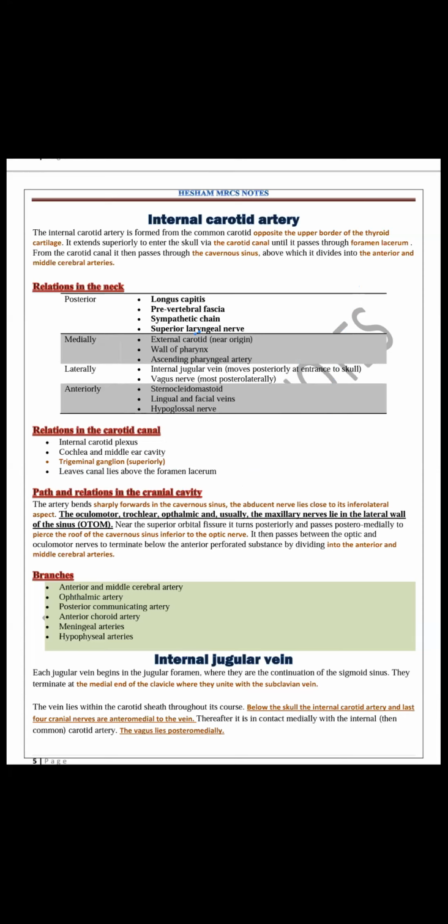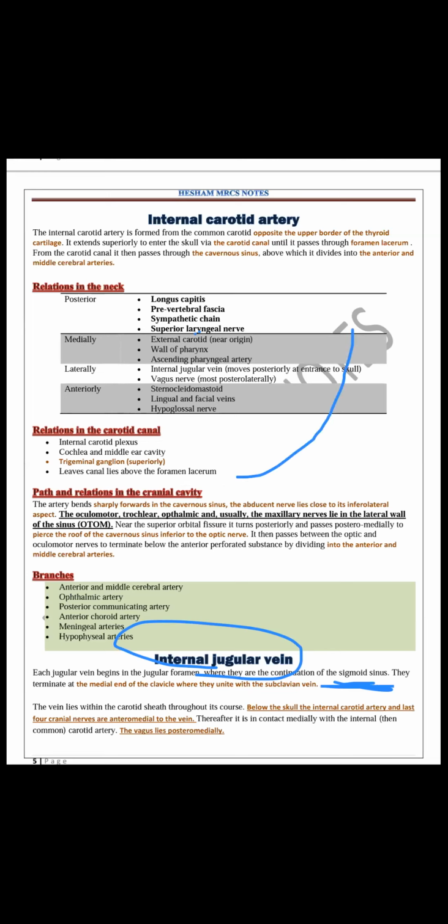Then you have the internal jugular, which is another content of the carotid canal. When and where does it start? It starts as a continuation of the sigmoid sinus. You have multiple dural venous sinuses.